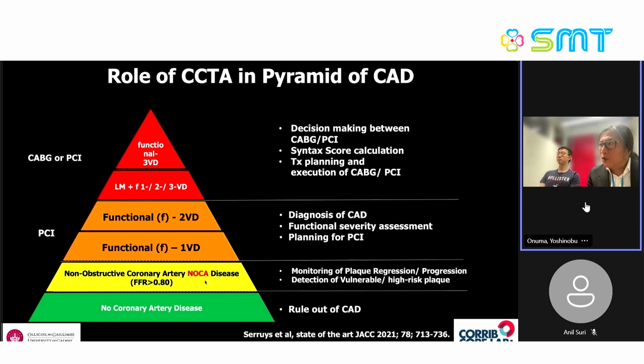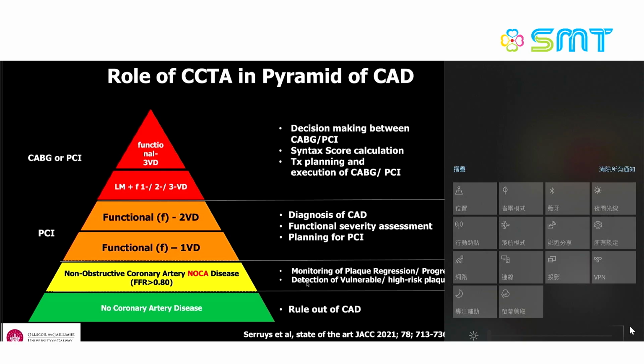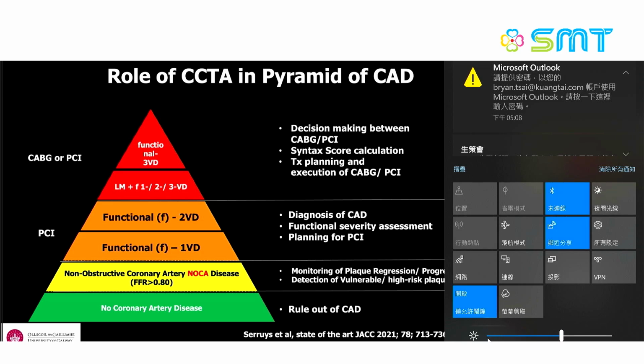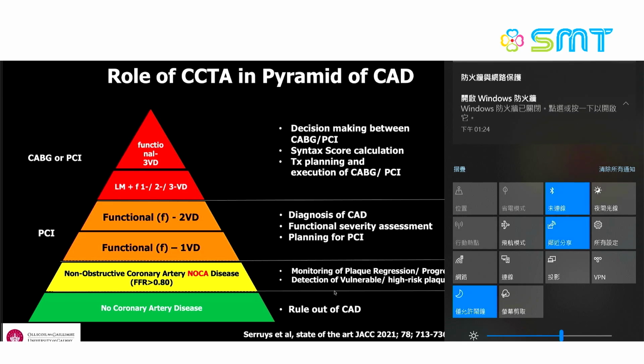But we can also use CT for non-obstructive coronary artery disease, NOCAD, if the CT-FFR is greater than 0.8 for those patients in yellow. We don't do PCI. However, we can use CT for monitoring of plaque regression and progression, and also detection of vulnerable or high-risk plaque in this population, which might be treated with medical therapy.